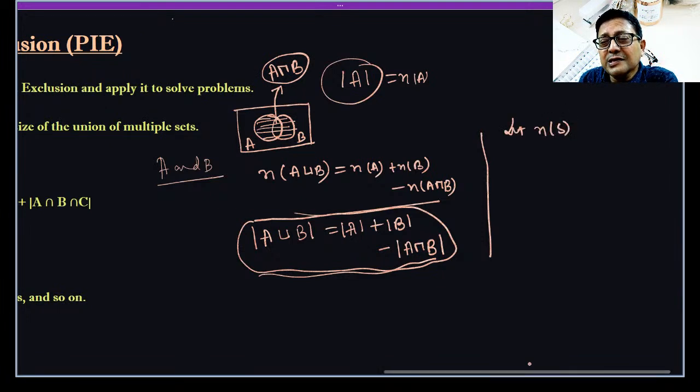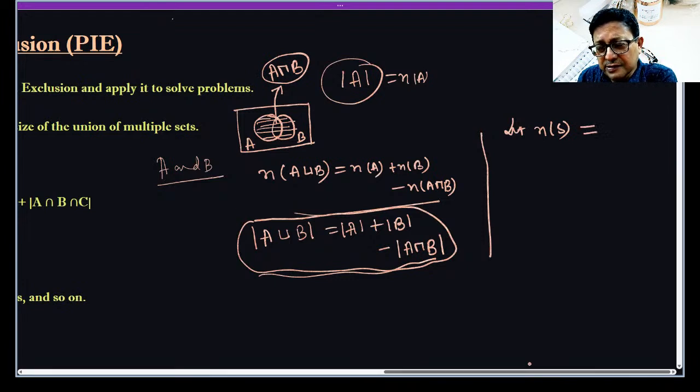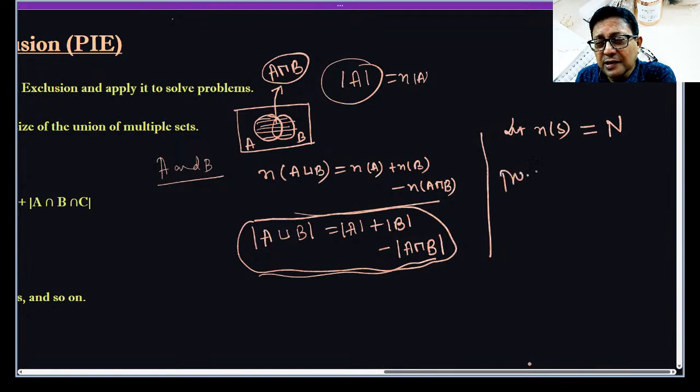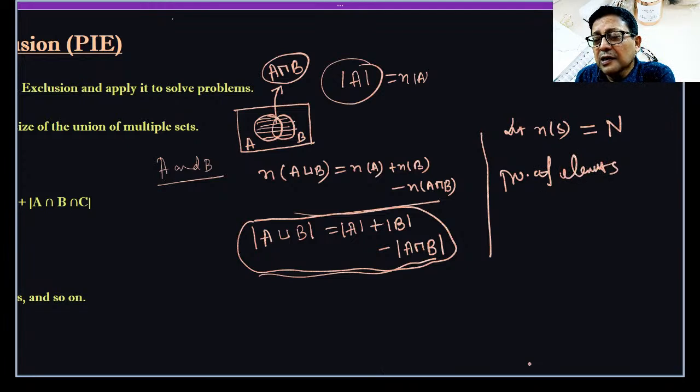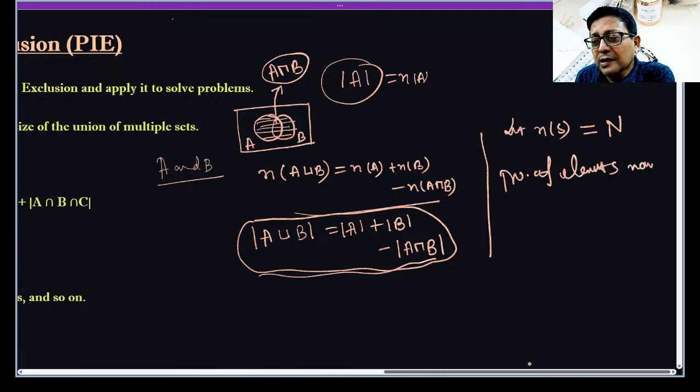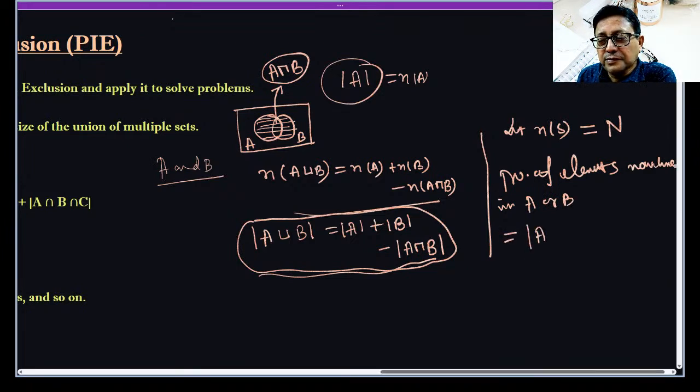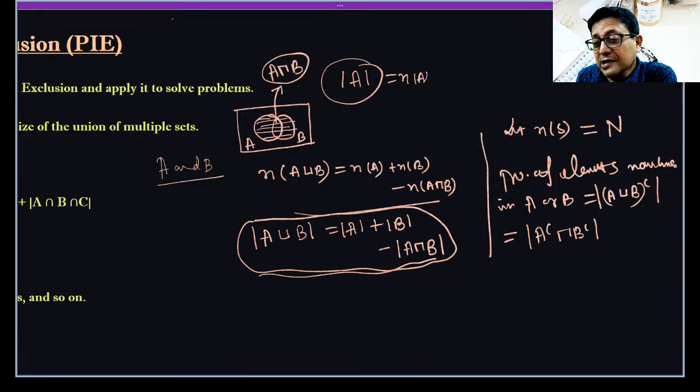Let total number of points in sample space be n. Then number of elements nowhere in A or B is given by, you can write one more set here, A union B complement, its cardinal number.